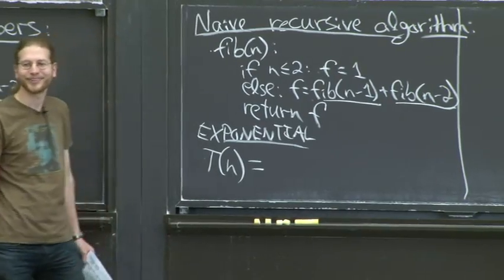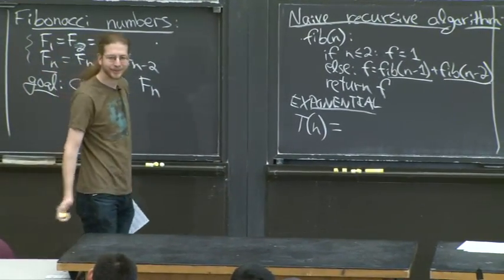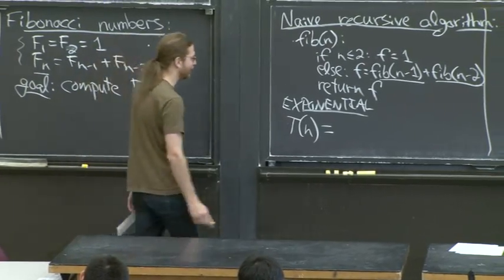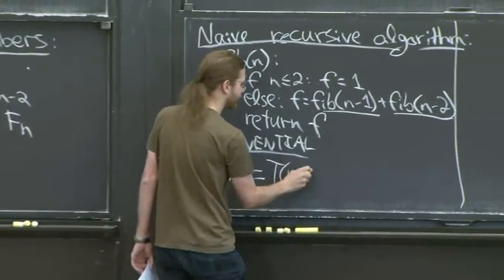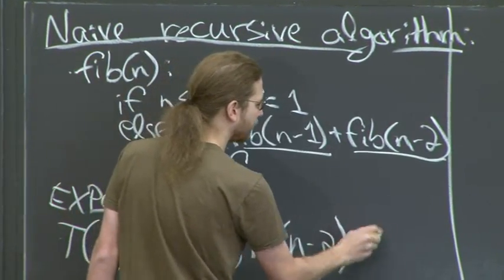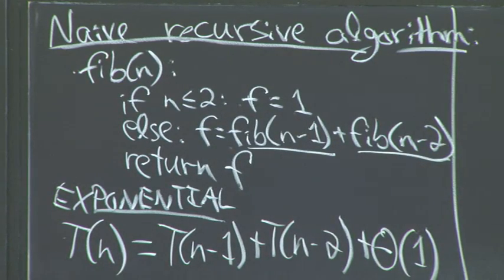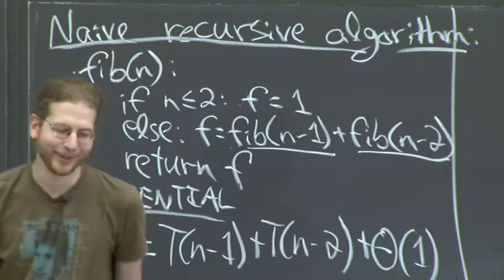I hear whispers. Yeah? T of n minus 1 plus T of n minus 2 plus constant.